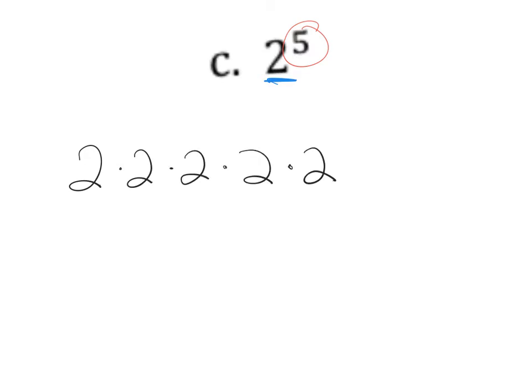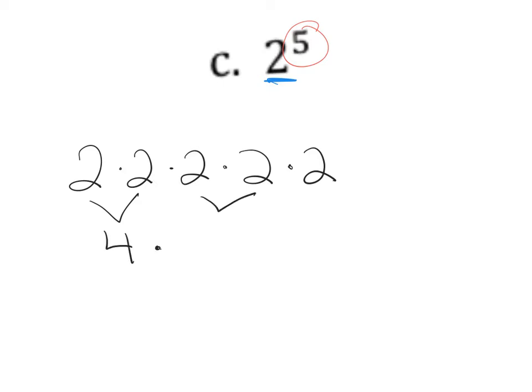Okay, part C is 2 to the 5th power. So this means I am multiplying 2 5 times. So I have 2 times 2 times 2 times 2 times 2, and if you write this out on the exponent problems, you won't miss them. So once again, we're going to pair up. 2 times 2 is 4.